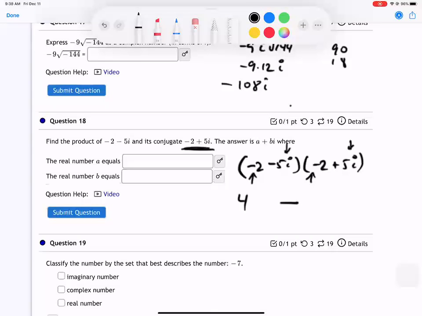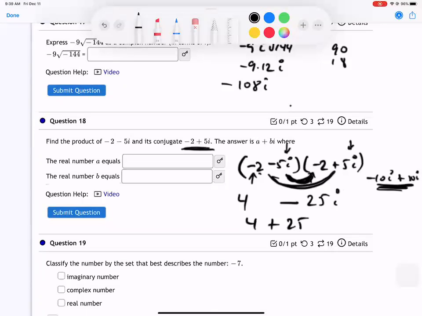That's negative 25i squared. What about the middle parts? Well, they always cancel out. Negative 2 times 5i is negative 10i, and negative 5i times negative 2 is positive 10i. And look, they always cancel out. With conjugates, the middle terms always cancel out, and we're left with 4 plus 25.